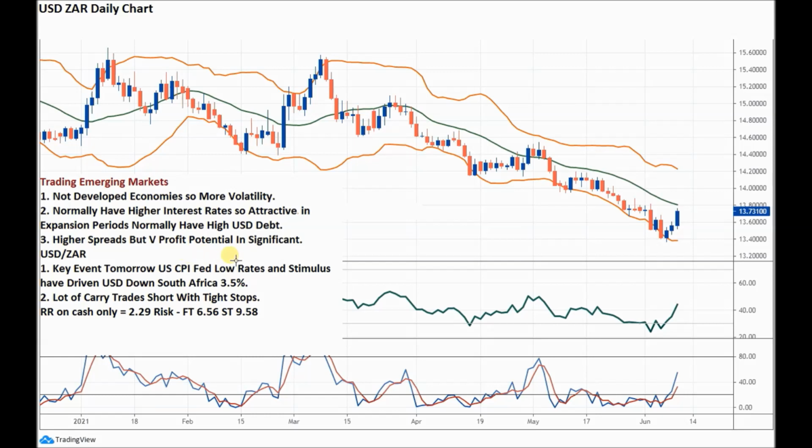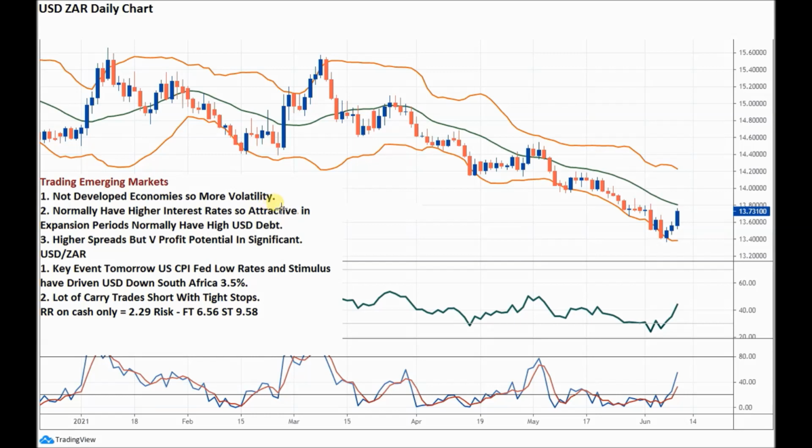Now, in terms of emerging markets, other emerging market currencies would be, for example, the Mexican peso, Russian ruble, Turkish lira, and basically they're currencies of countries that have not got advanced developed economies. So they tend to be more volatile.